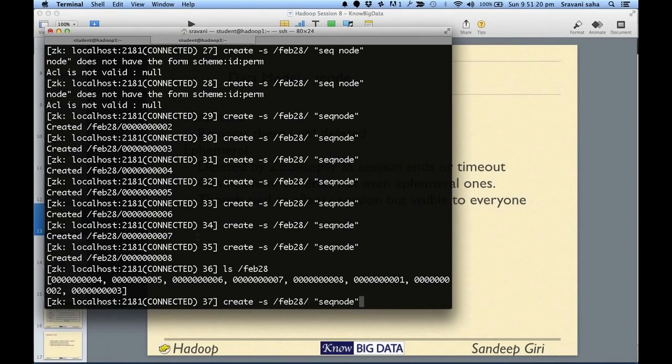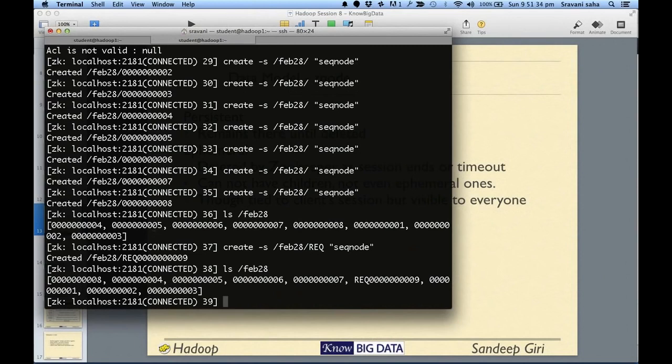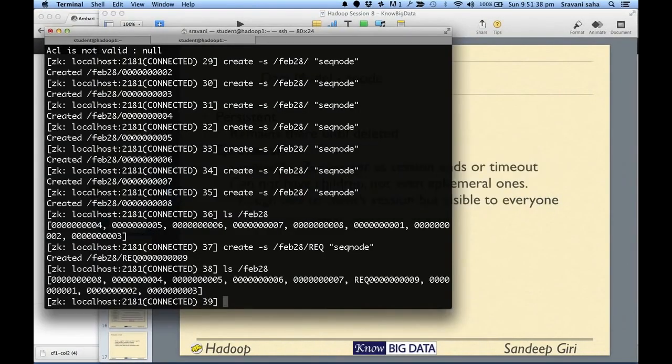You see 01, 02, 03. If we give a prefix, say request or req, and then ls /fab28, the nodes which are being created are in a sequence. For every prefix you provide, it suffixes it with a number, which is the running count of the current node. All right.